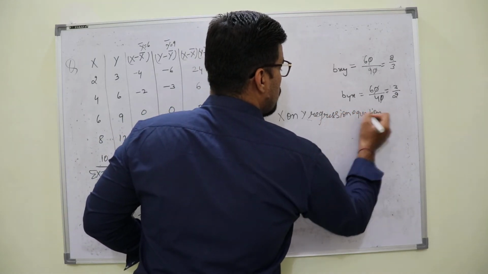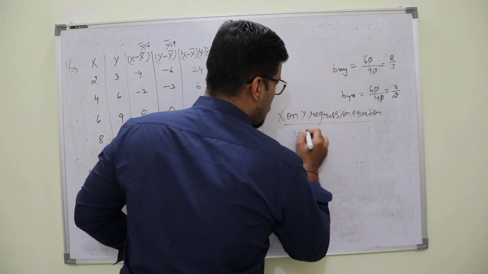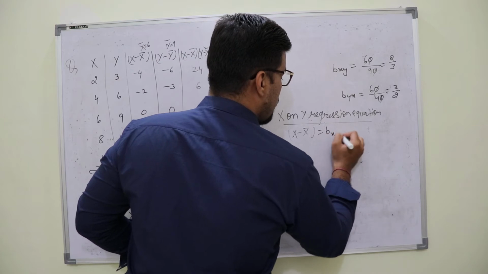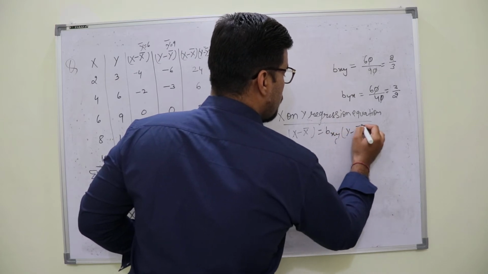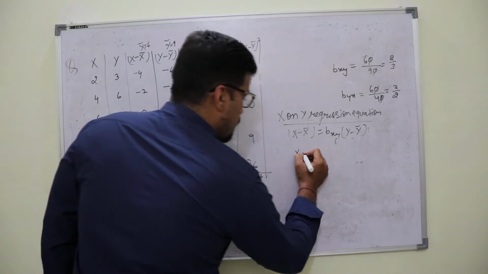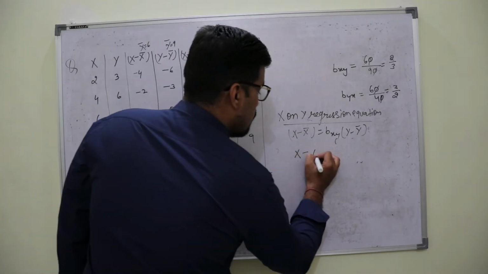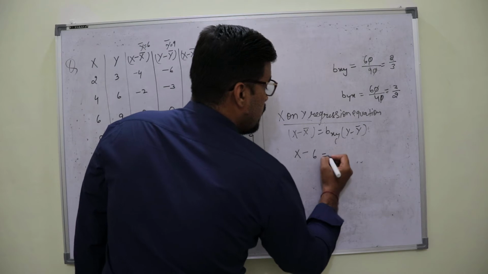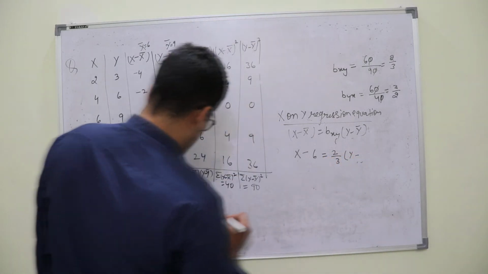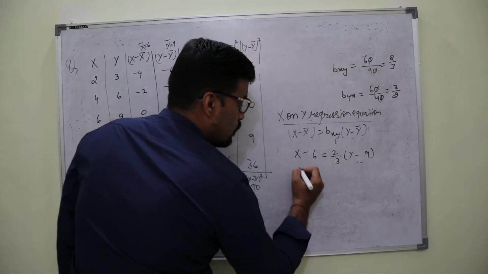What is the x on y regression equation? X minus x bar is equal to bxy times (y minus y bar). We have all the values. x minus x bar will be x minus 6 is equal to bxy, 2 upon 3, times (y minus y bar), 9.